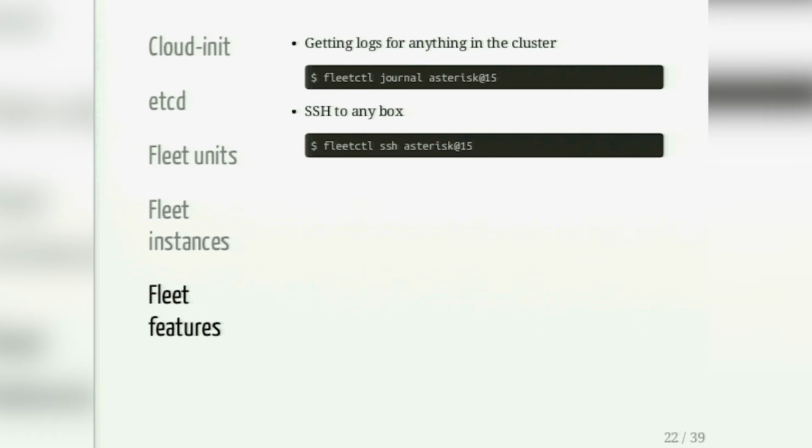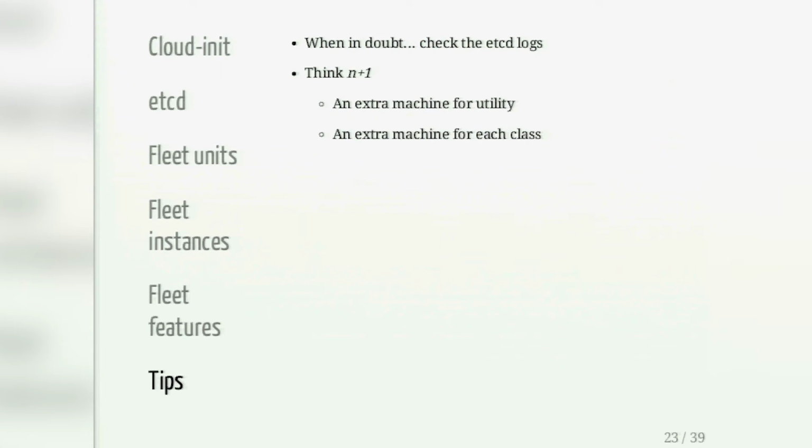A couple tips that I have regarding CoreOS is, firstly, when in doubt, go ahead and check your etcd logs. A lot of tools rely on etcd, and you want to make sure it's up and running. Everything hinges off it, but luckily it's distributed, and there's always a way to get the health of that etcd cluster back in action. Another thing is to think n+1 with everything that you're doing.